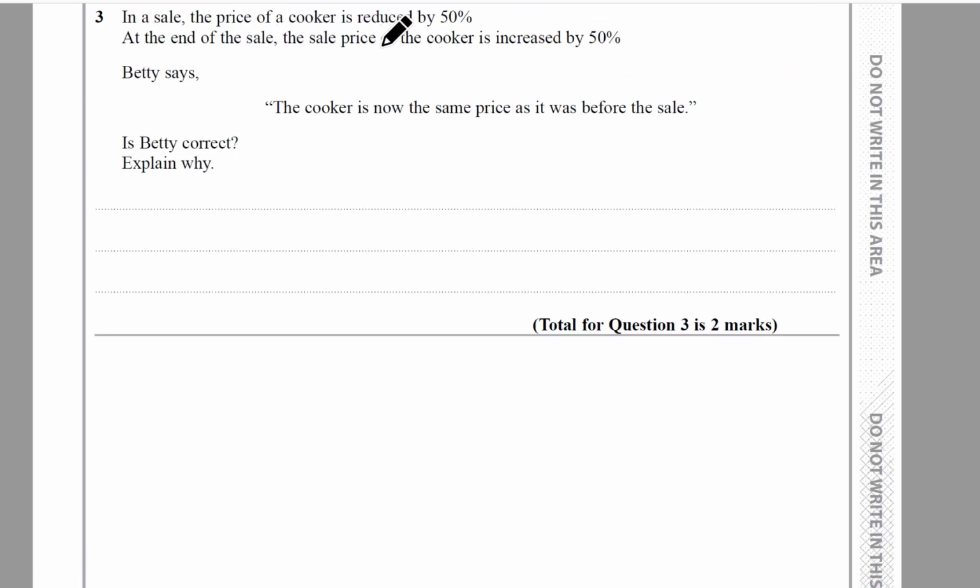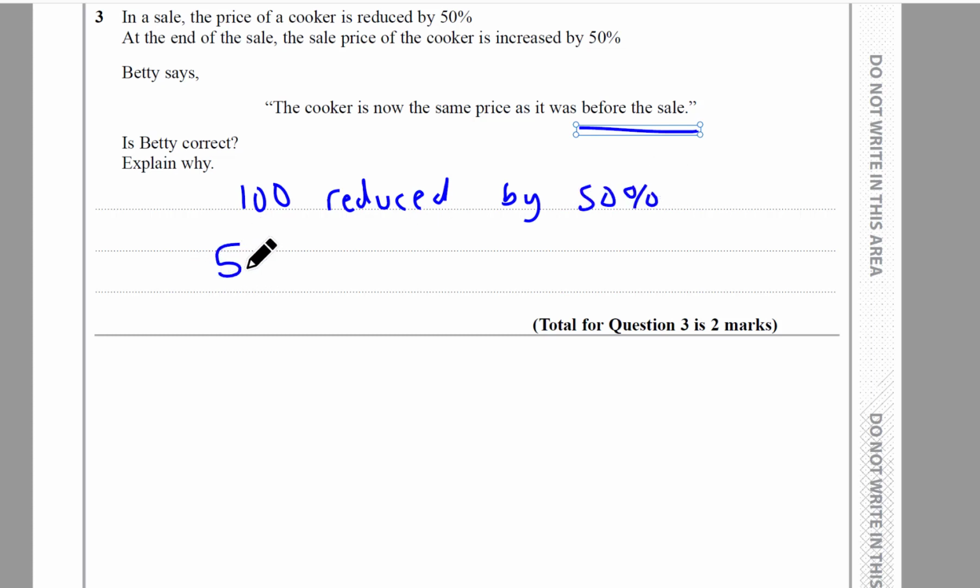Okay, in a sale the price of a cooker is reduced by 50%. At the end of the sale the price of the cooker is increased by 50%. Betty says the cooker is now the same price as it was before the sale. Is she correct? Well, we can just pretend that the cooker costs £100, and if it's reduced by 50%, then it will now cost £50.